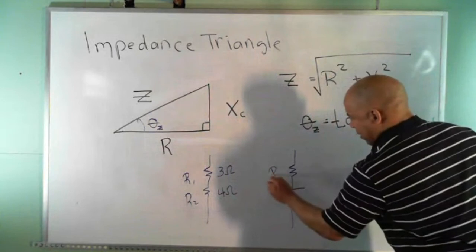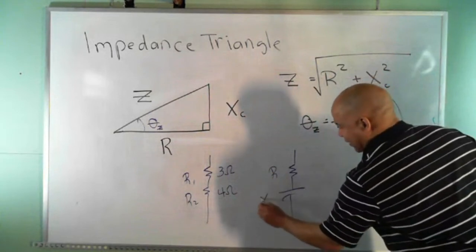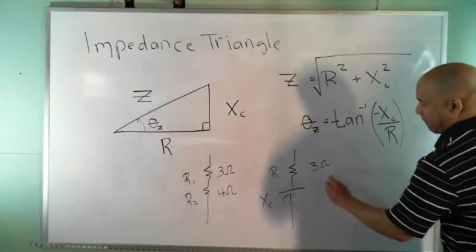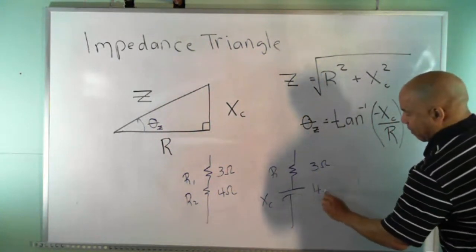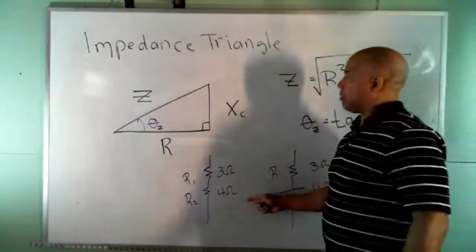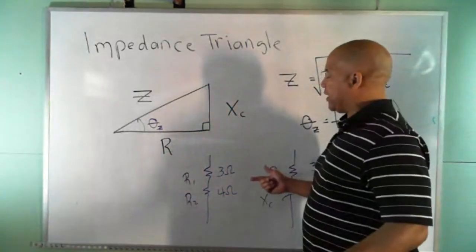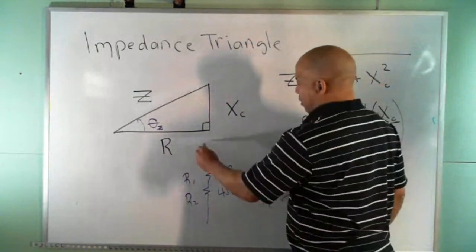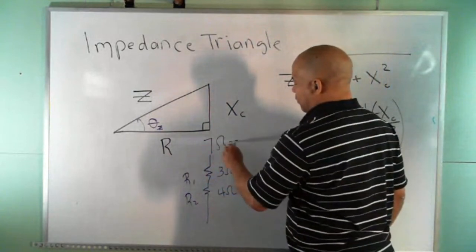This right here might be R, and this is XC. We'll make them the same value. That's 3 and that's 4, right? So here, if I want to find the total, just like I did before in series, I just add them up. That's what you think. It's 3 and 4. The total here is 7 ohms for RT.